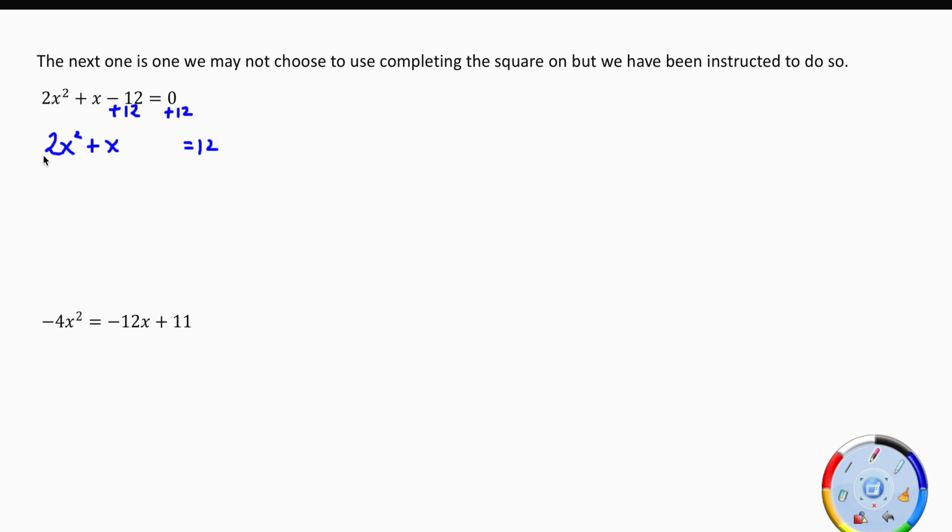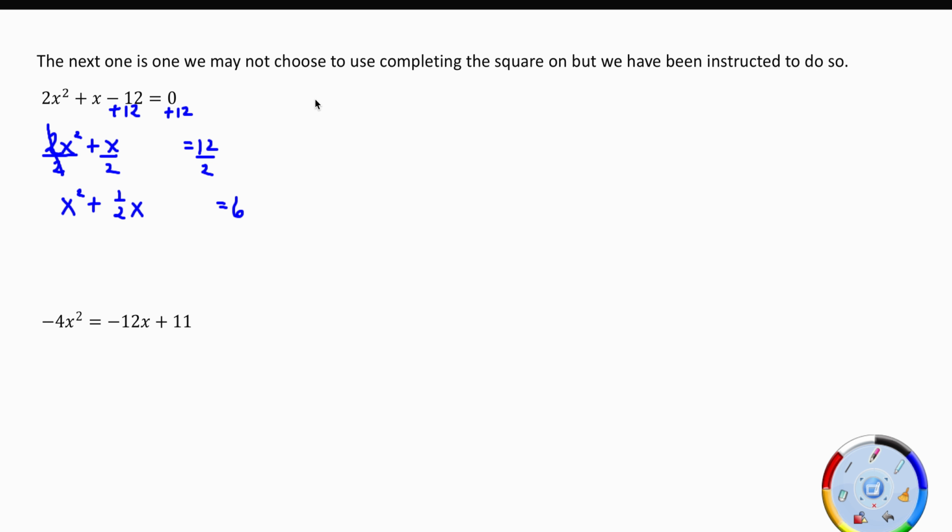Second step, make the leading coefficient 1. So that means I've got to divide everything by 2. This right here is perhaps the reason I might choose to move to the quadratic formula. Some of us still might prefer completing the square if we're not too scared of fractions. All right, so this gives us x squared plus 1/2 x equals 6.